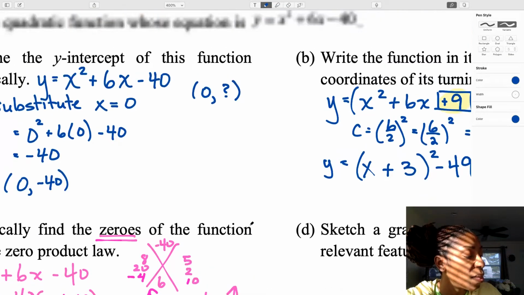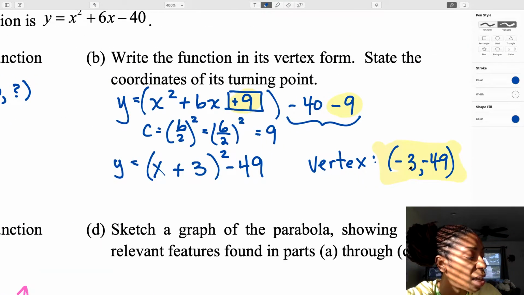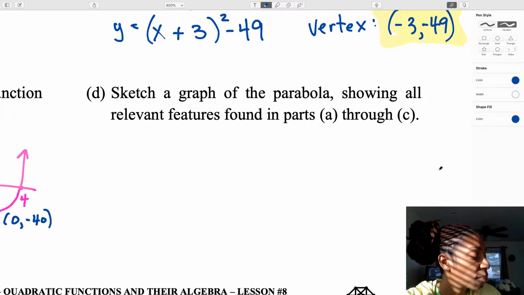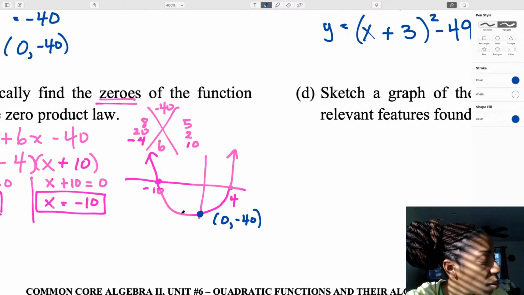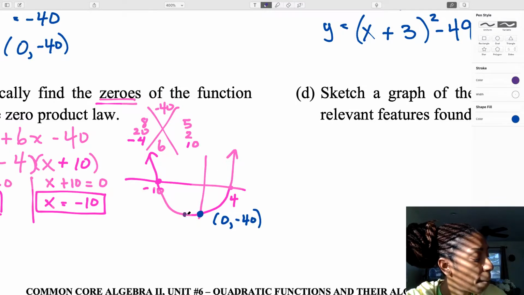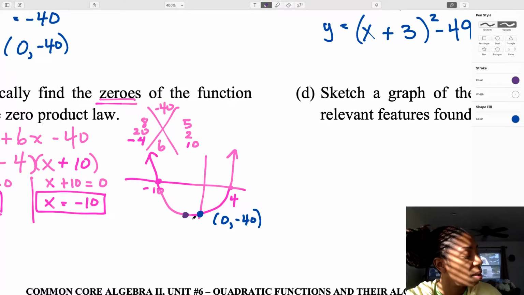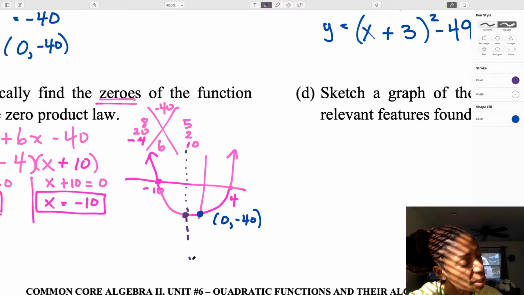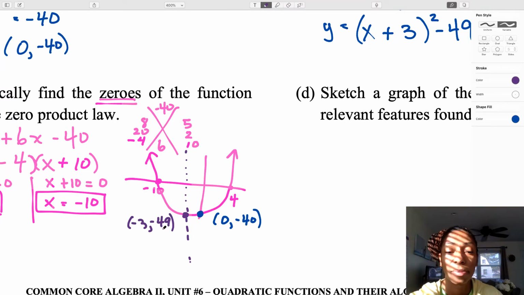And the vertex is (-3, -49). Let's use green. If this was my axis of symmetry to cut the parabola in half, this point is (-3, -49). And we are done, ladies and gentlemen.